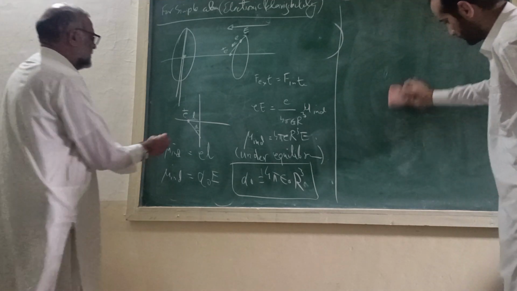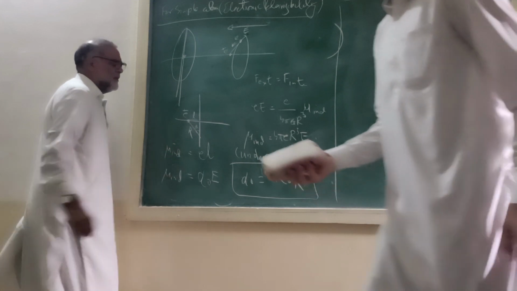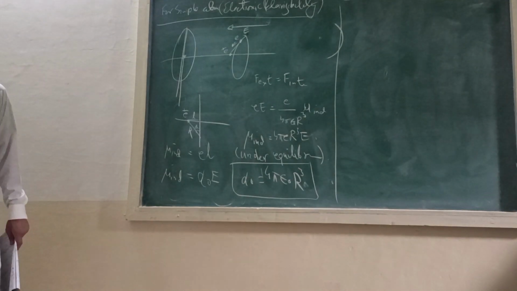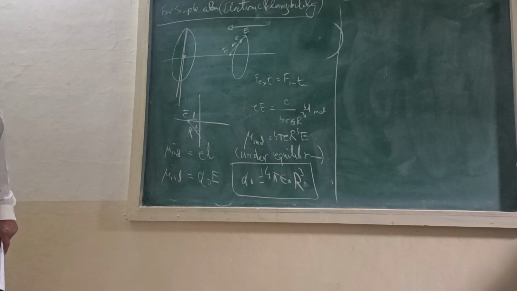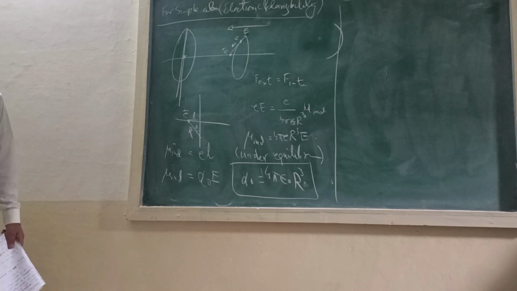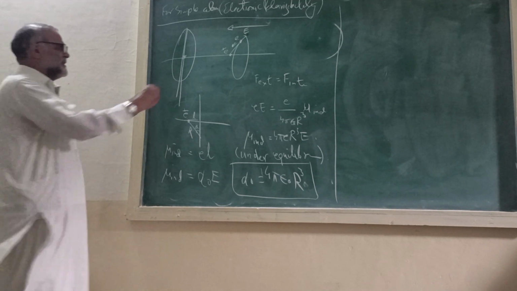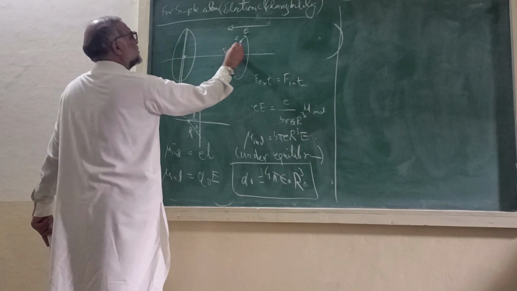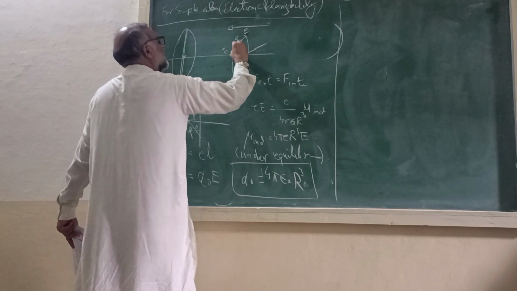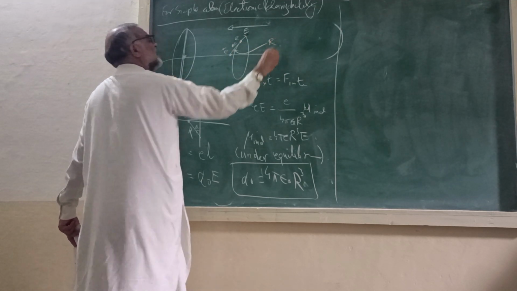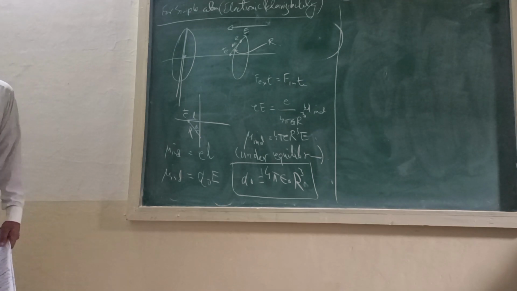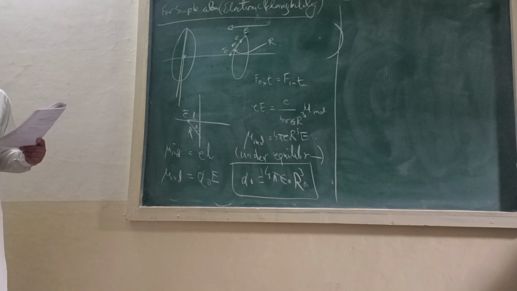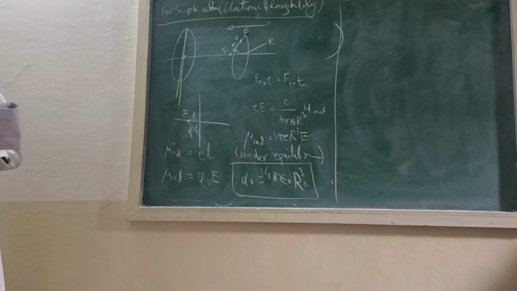This is r. Atomic polarizability is proportional to r cubed.